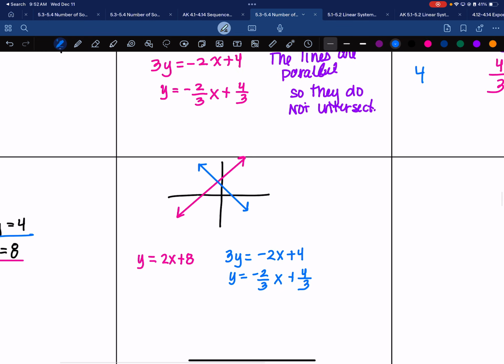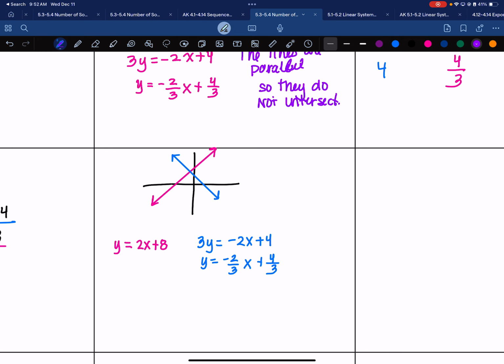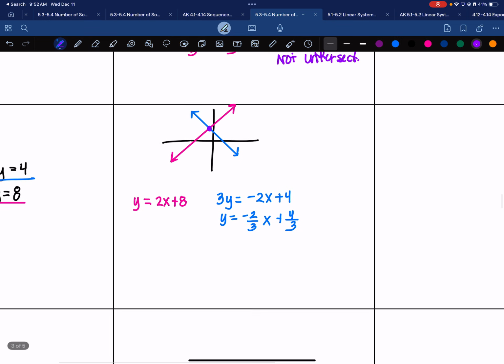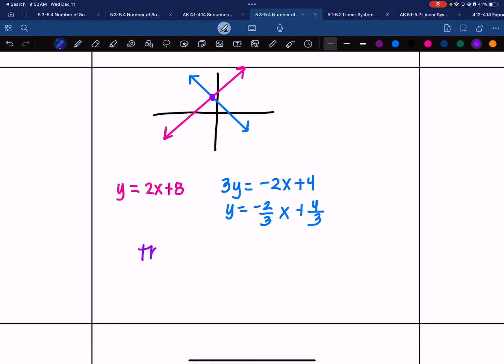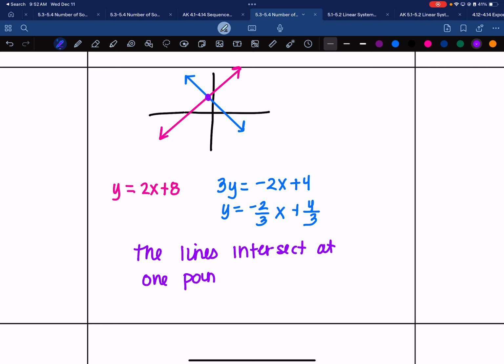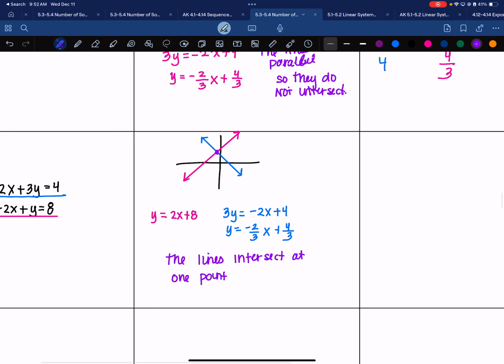So it looks like they intersect at one point. And so what can you tell us about the slopes? What do we say about the slopes?